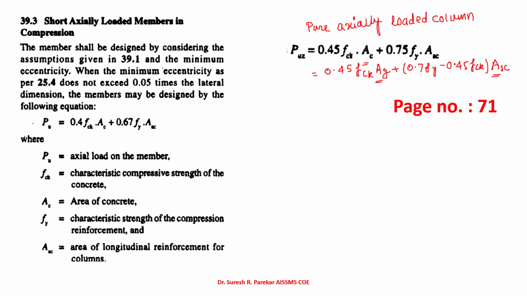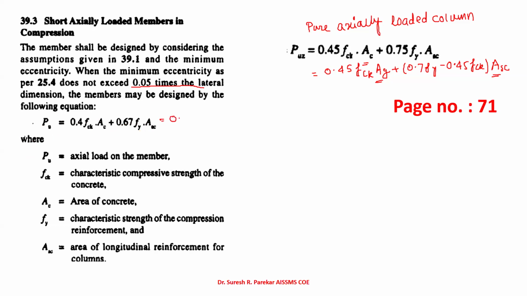Now we have the minimum eccentricity. We have seen this clause 25.4, so we will not go into that: L by 500 plus D by 30, or B by 30. When the minimum eccentricity as per 25.4 does not exceed 0.05 times the lateral dimension, the member may be designed as 0.4 fck Ac plus 0.67 fy Asc.